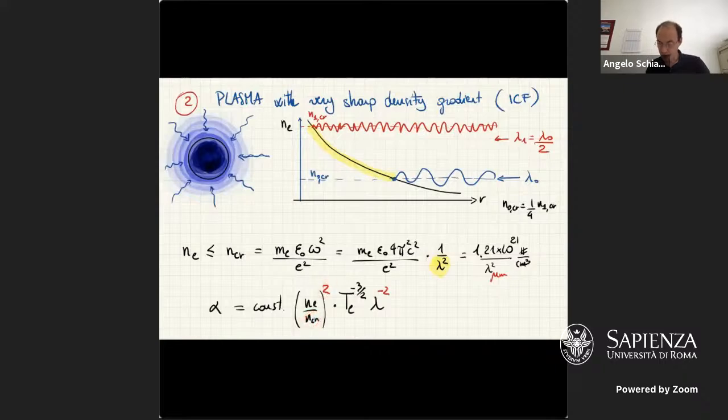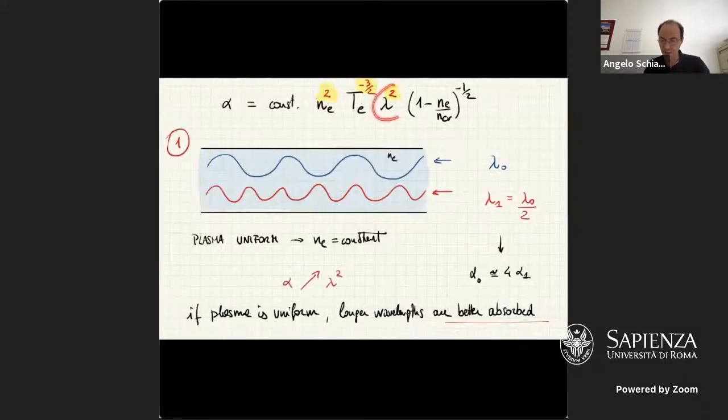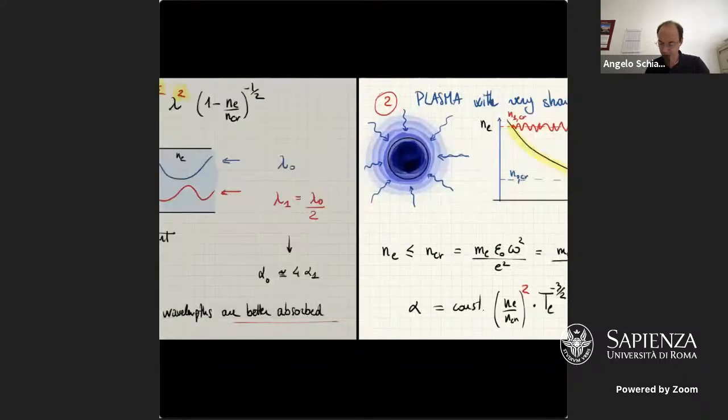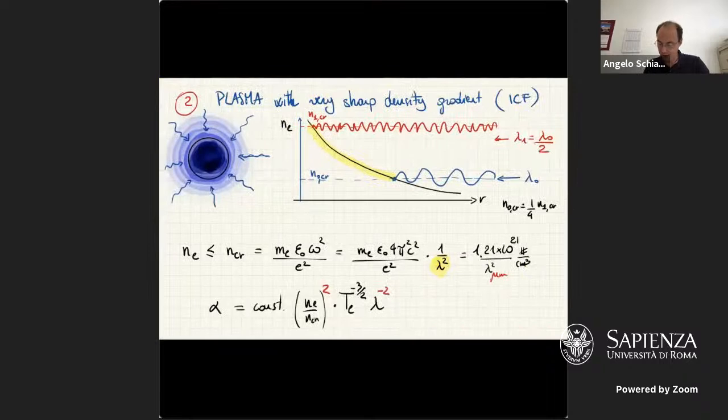So the lambda squared that we had at the top now goes in the denominator. And we still have the term describing the refractive properties, and the cutoff as well, N_e over N critical to the -1/2.